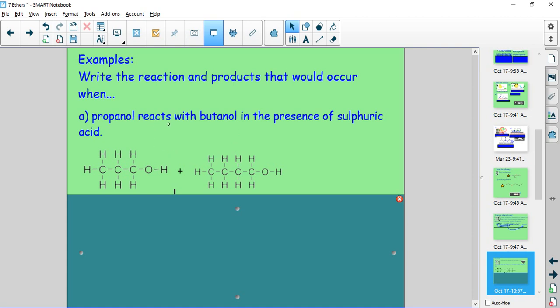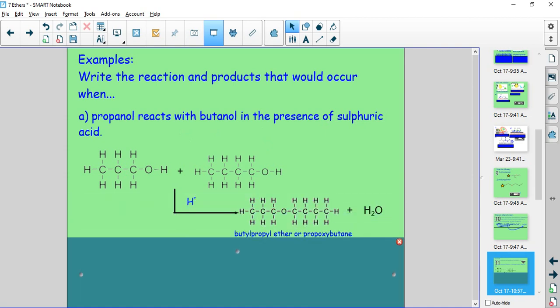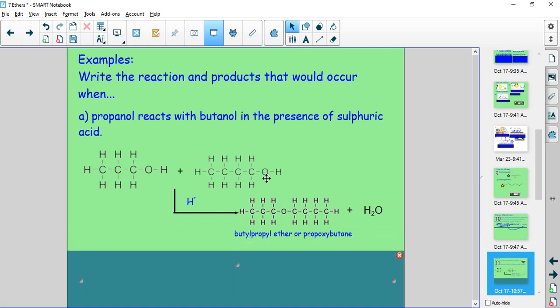Here propanol reacts with butanol in the presence of sulfuric acid. You can write just H plus, that's fine, or if you want to write H2SO4 aqueous, that's perfect too. So that combines, and we see that OH and the H combine to create water. That is removed, and what we have here is butyl propyl ether, or propoxybutane, as the product.